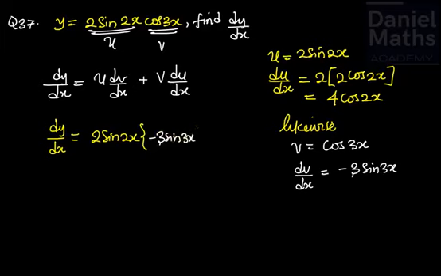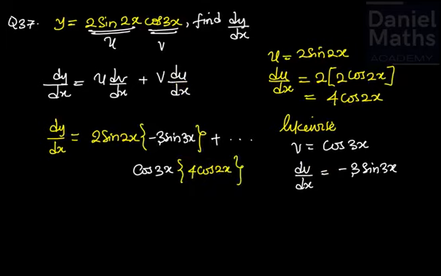Okay, and then we'll have plus our v here, which is cos 3x, and what I have for my du dx is 4 cos 2x. Okay, so this is what I have.